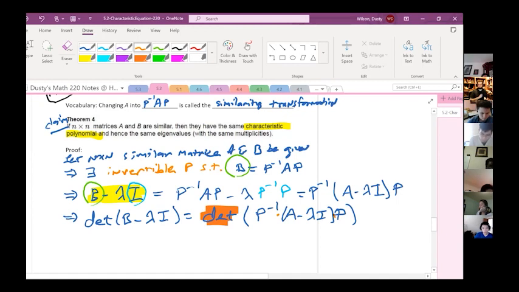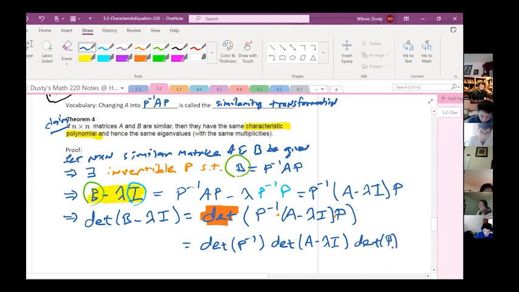If you have the determinant of a product, you can write this as the product of the determinants. So the determinant of P inverse times the determinant of A minus lambda I times the determinant of P.